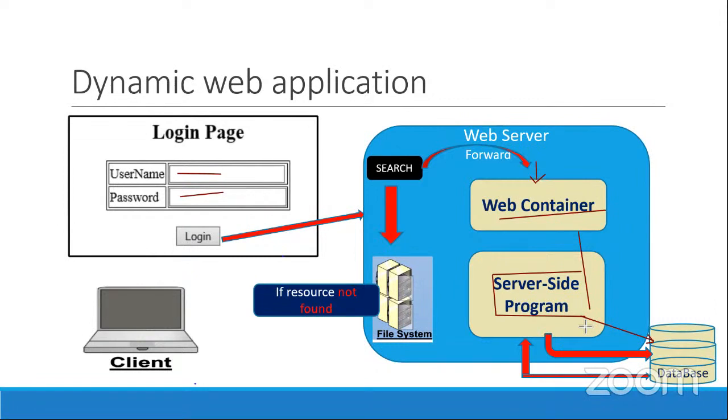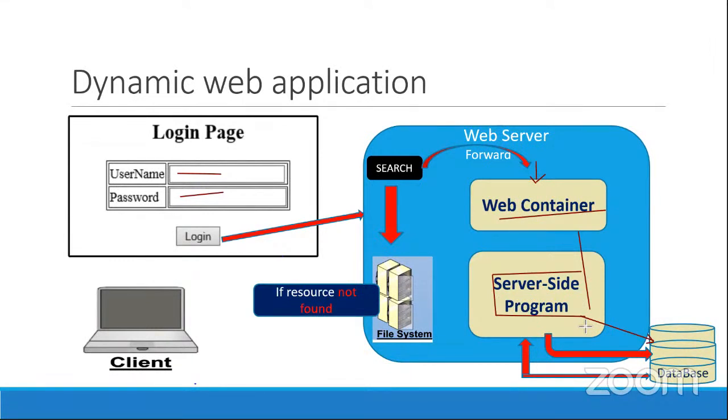Whenever a user interacts with the application, of course, we give a request, and that request will be searched in the file system. If the file is not found in the file system, that request will be forwarded to the web server. There we will have a web container, which takes care of this request processing.